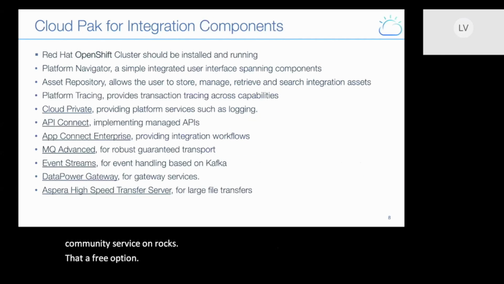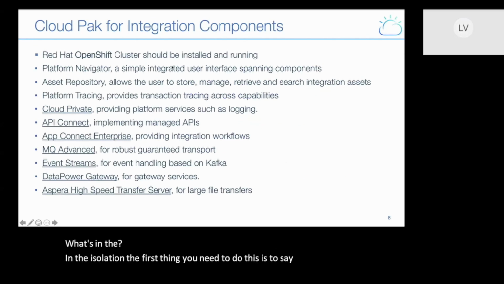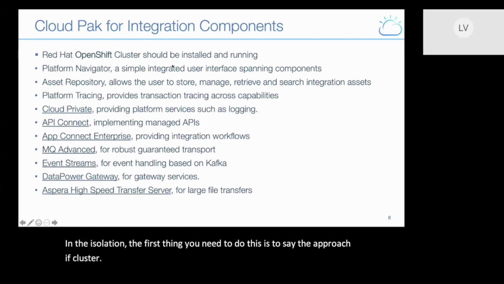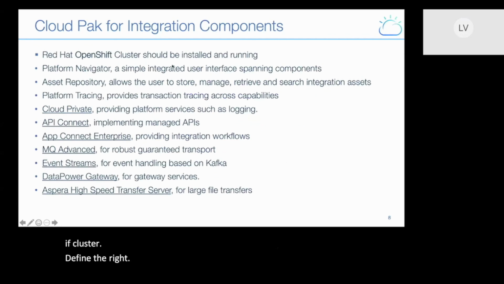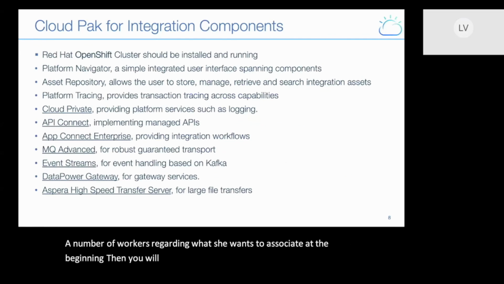What's in the installation? The first thing you need to do is to instantiate the OpenShift cluster. Define the right number of workers regarding what you want to instantiate at the beginning. Then you will instantiate a Cloud Pak for Integration to install, I would say, the Platform Navigator, more or less.